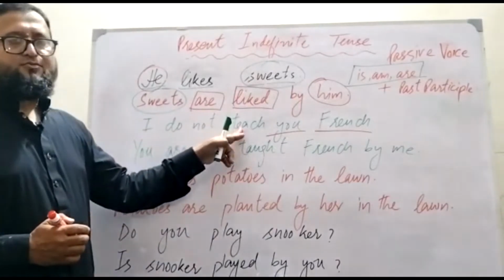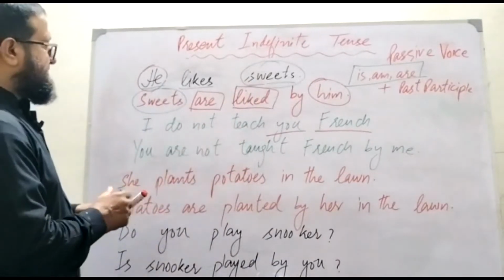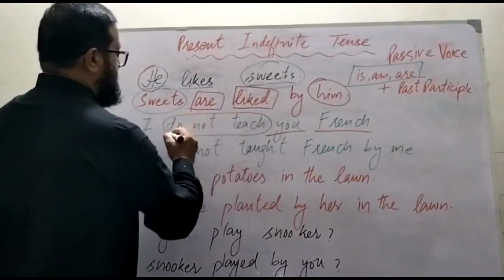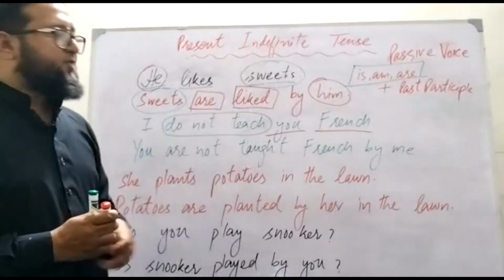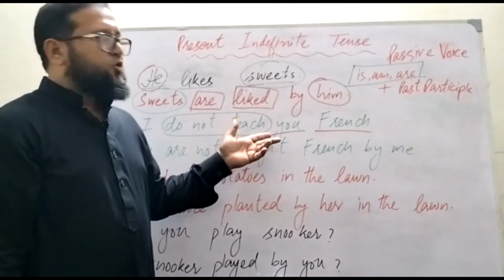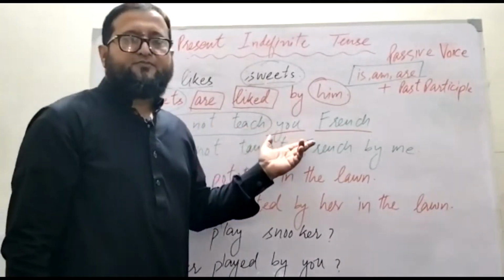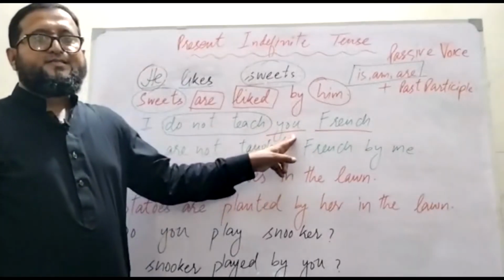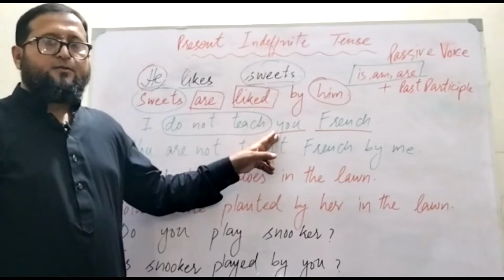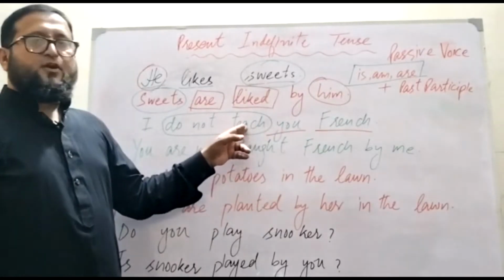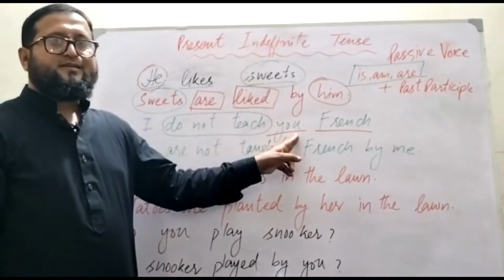Do not teach, the verb, is there. But where is the object? Normally you must be knowing that the object comes just after the verb, in most cases. You can easily understand that the verb is talking about this object.